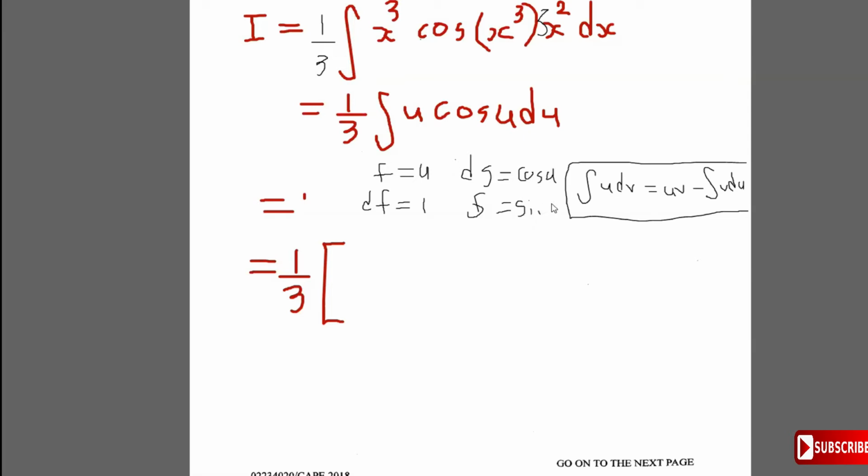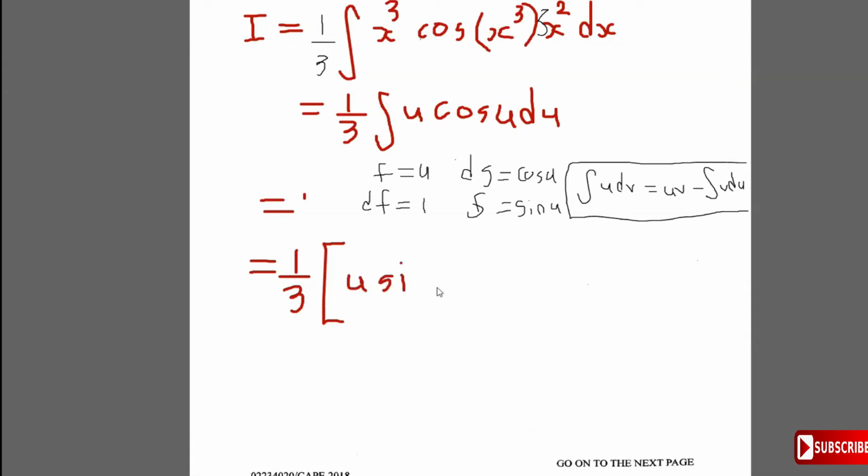When I differentiate sine, I get cos. When I integrate cos, I get back sine. So it's going to be u dv in this case, which is f ds, is equal to uv, which in this case is f times s. So it is u sine u.